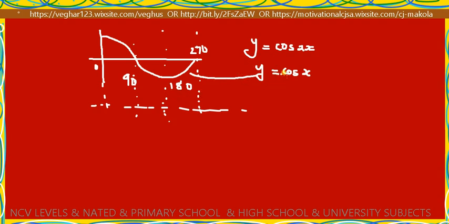So whatever number is given here, I will just divide. I'll draw the normal one with a pencil, and then I will divide by the number here. If it's 2 here, we divide it, so here is 45, and then 180 divided by 2 is 90, and 270 divided by 2 is 135. So this is how I used to draw it when I don't want to use a calculator and it's an exam.